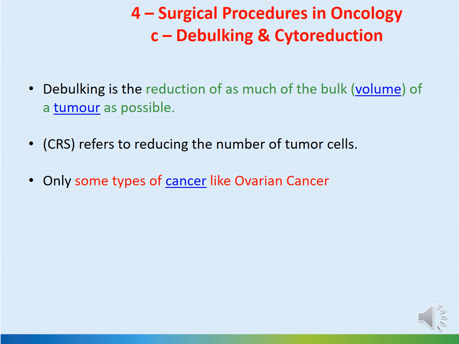But this type of surgery is only accepted in some cancers, like ovarian cancer, or in some types of intra-abdominal peritoneal metastasis from colon cancer. But the most common example here is ovarian cancer. Sometimes ovarian cancer, as I mentioned before, gives metastasis intra-abdominally to the peritoneum or to the omentum.